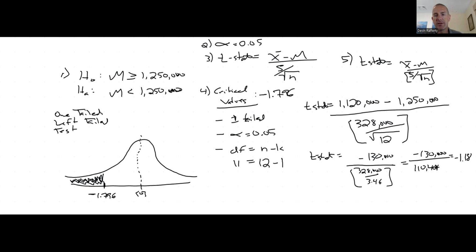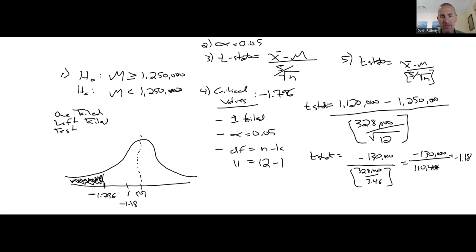The numerator is negative and the denominator is positive, so this is going to be a negative number. So my test statistic is negative 1.18. On a number line, 0, negative 1.18 does not get to negative 1.7. It's over here, negative 1.18.